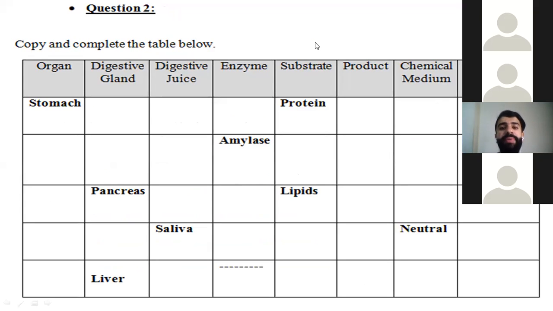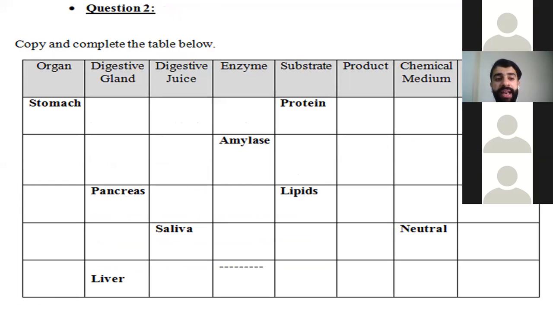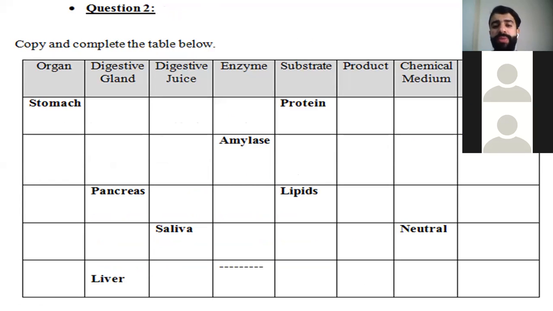Now, let's move to this table. It says copy and complete the table below. So what do you have to do? You have to copy and then complete the table below. Let's start first with the stomach. I need Ali, Hassan, Basma right now. What is the name of the gland that's found at the level of the stomach?